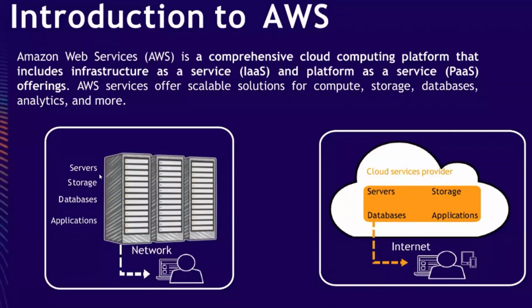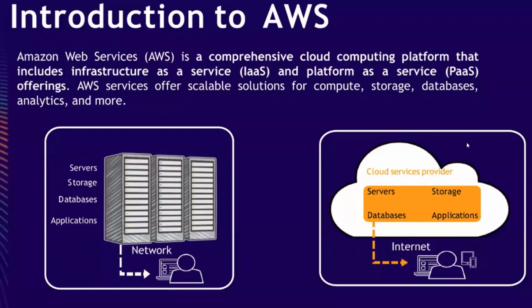Your organization has servers, storage devices, and various databases, and the applications are running on the servers as well. In this you have to pay a lot. The organization spends a lot, because if the application grows, they need to increase the database, the storage, and they need more and more servers. A lot of cost is involved in that.